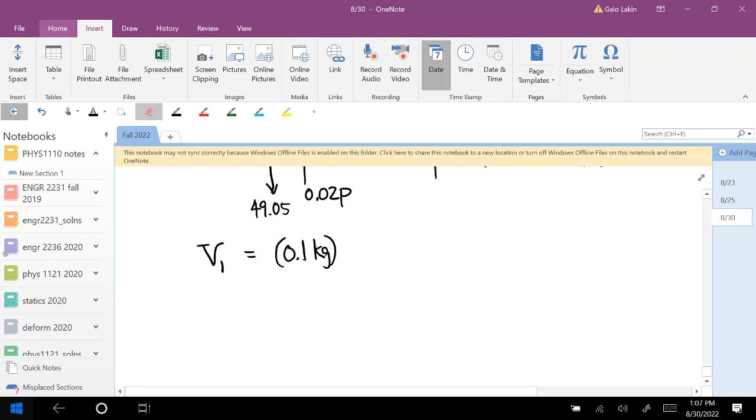Let's stay with what I wrote in the problem statement. So 1 kilogram of gas times 0.5, that's the specific volume, gives you a volume of 0.5 cubic meters.